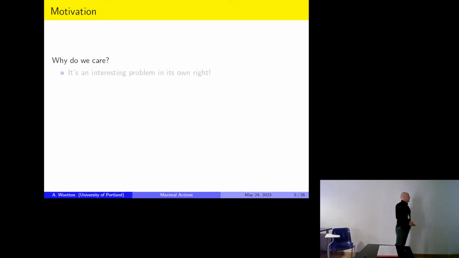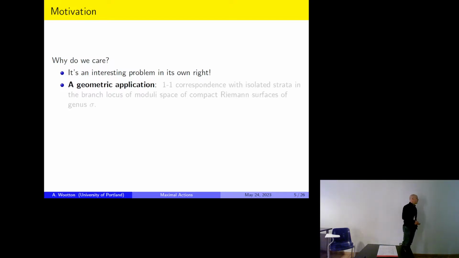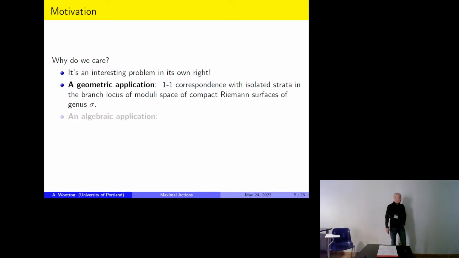Okay, so why do we care about this thing? Well, from my own point of view, I like solving little problems like this. So it's interesting in its own right, but there are some other applications as well. From the geometric point of view, there's a 1-1 correspondence with isolated strata in the branch locus of moduli space with these objects.